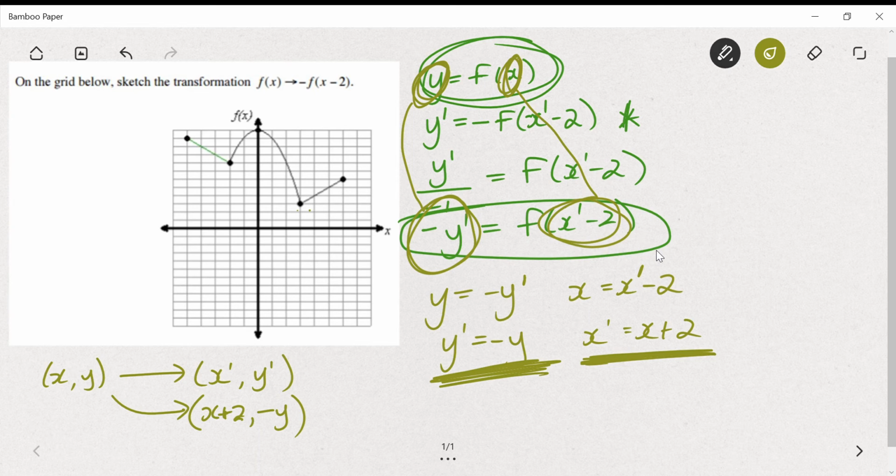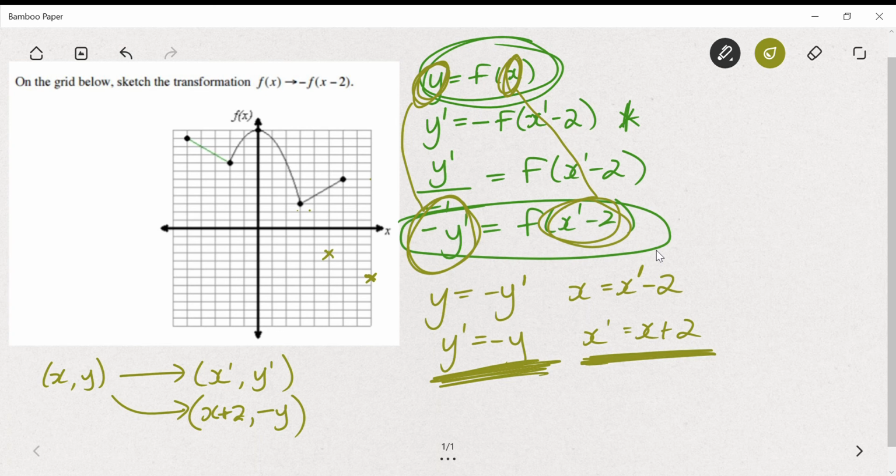I've got to go plus 2, and then it's 1, 2, 3, right there. So what I've managed to do there is translate across 2 units and then reflect in the x-axis. Same with this one here, translate across 2 units, and then that point gets reflected. So instead of being 1, 2, 3, 4, 5, 6, it's 1, 2, 3, 4, 5, 6 units here.